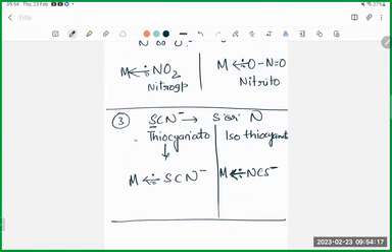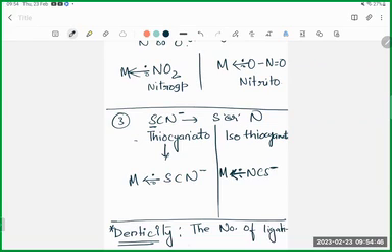Yes, ma'am. Okay, now the two things: chelating and denticity. So what do you mean by denticity? Let me clear this small topic here itself since we are done with ligating. Denticity is nothing but the number of ligating groups.